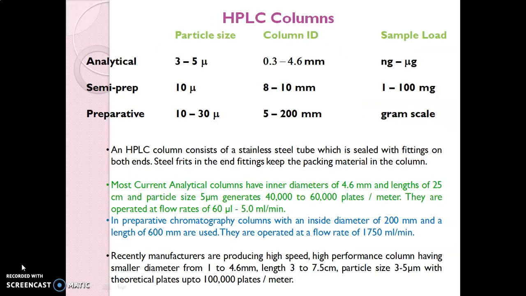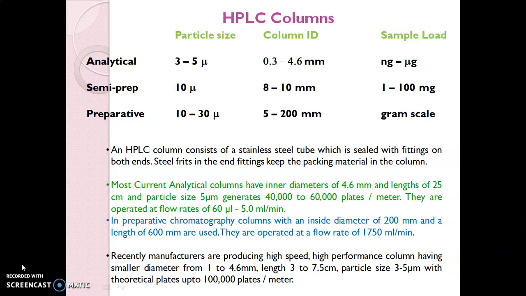Now in HPLC, three types of columns we are using: analytical column, semi-preparative column, and preparative column. The analytical column is used for the separation of analyte, and the C18 column is an example of an analytical column. The preparative column is mostly used for the isolation of analyte.